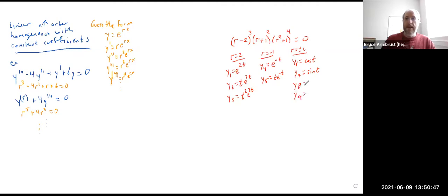So the next set are going to be t cosine of t and t sine of t. The next repeat is going to give us another pair: t squared cosine t, t squared sine of t. And then we're going to get 2 more, which are going to be t cubed cosine of t and t cubed sine of t.